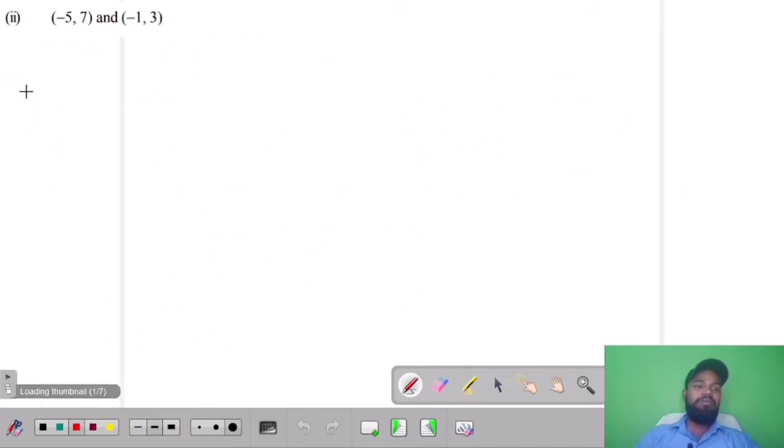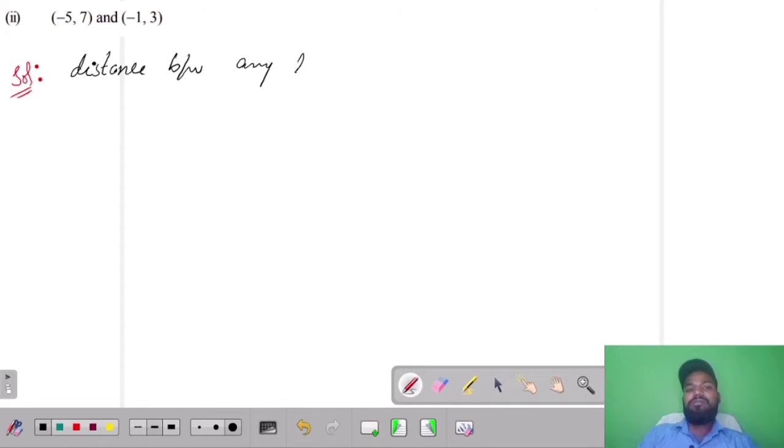The next problem has a pair of points given. The 2 points are minus 5 comma 7 and minus 1 comma 3. Let us write the same thing we wrote in the previous problem. The distance between any 2 points P comma Q: P is x1 comma y1 and Q is x2 comma y2.